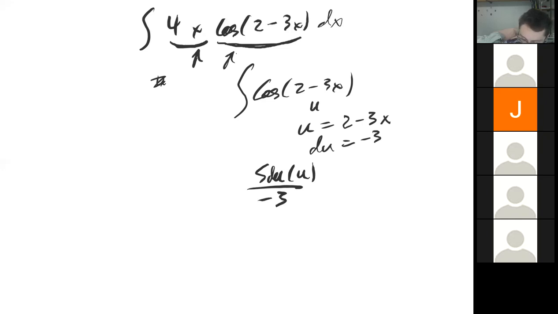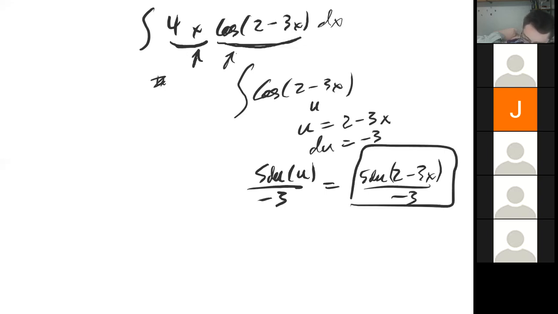And so then all you have to do is replace the u with 2 minus 3x. That gives you sine(2 minus 3x) over minus 3. So that's what happens when you take the antiderivative of that.